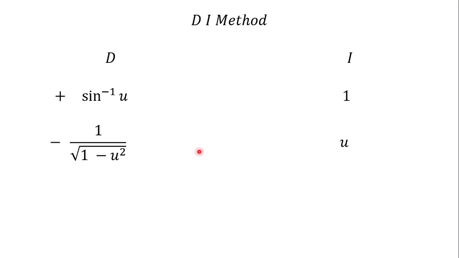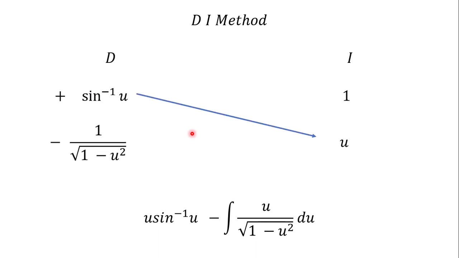from the DI method is the product of sine inverse of u and then u, which is indicated by the blue arrow. Okay, so this and this will give us the first answer to that integral.